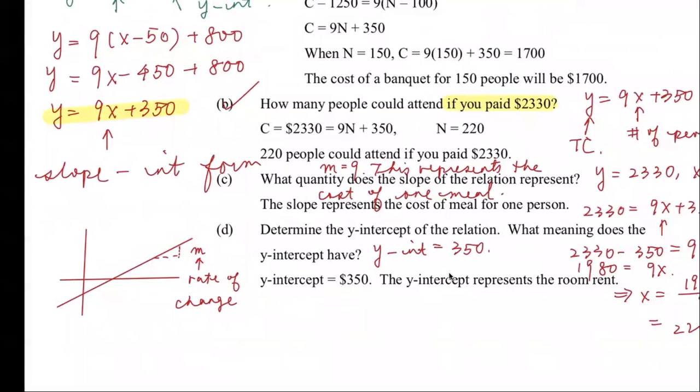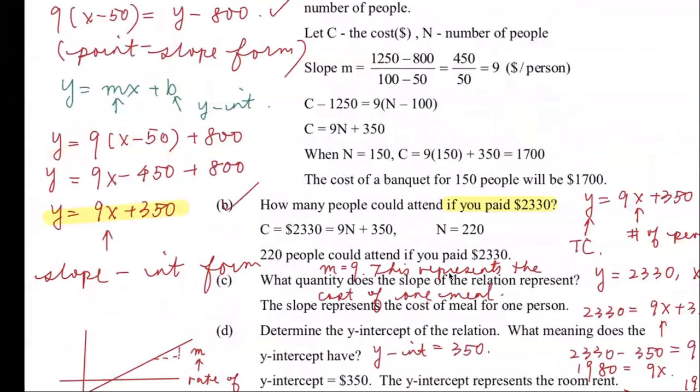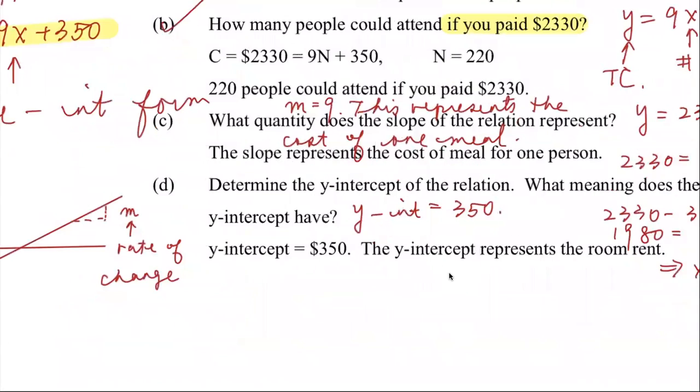What meaning does this have? Imagine we have y is equal to 9x plus 350. Here, x represents the number of guests that we invite, and y represents the total cost, right?